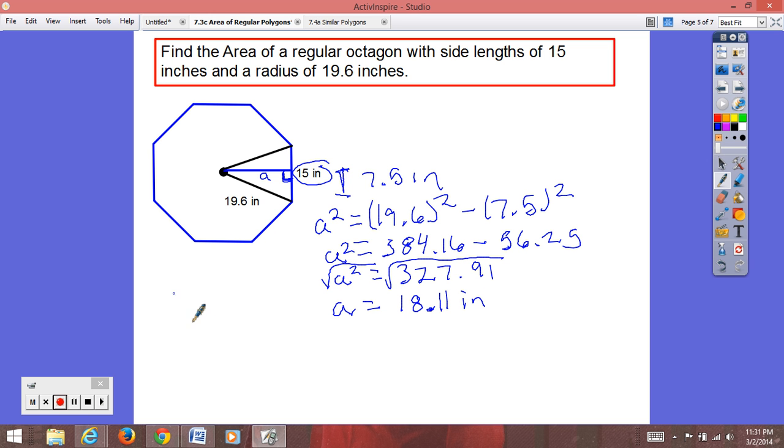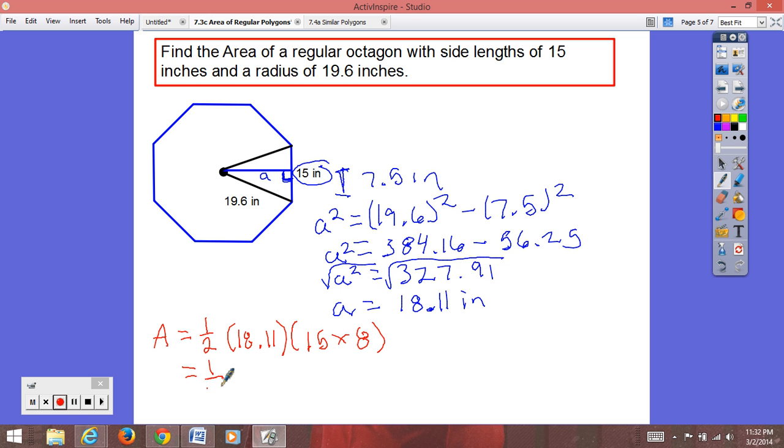Now to find the area of our octagon, we set A equal to 1/2 of our a, 18.11, and then multiply that by our perimeter, 15 times 8, 15-inch side lengths times 8 sides.